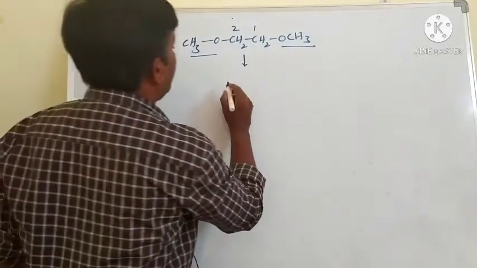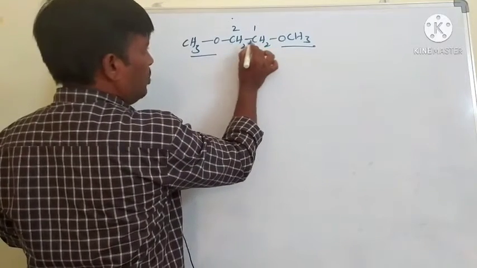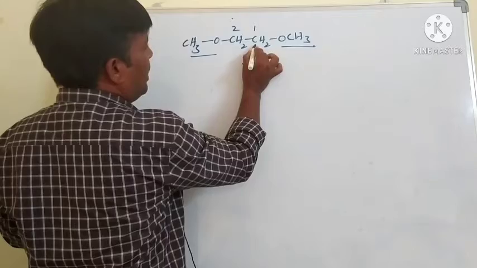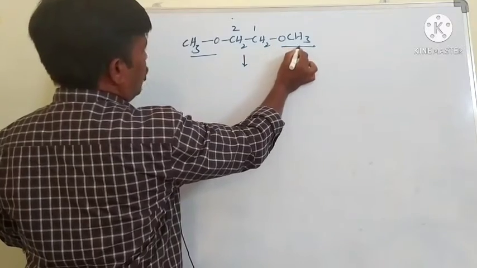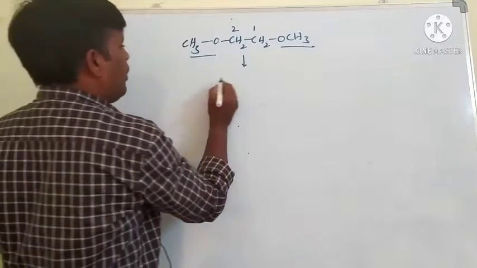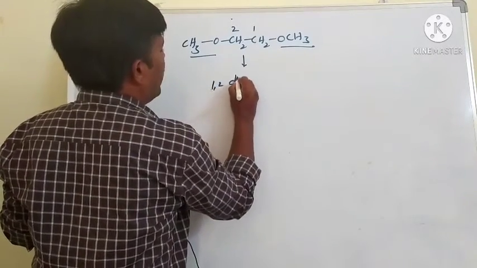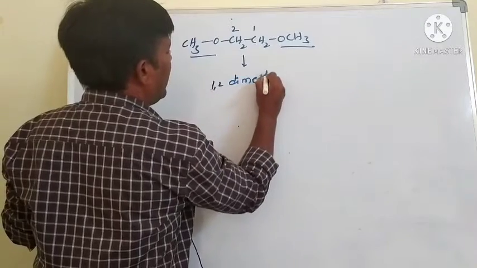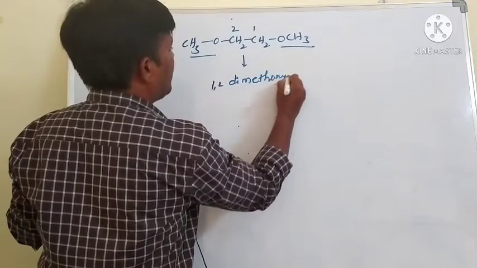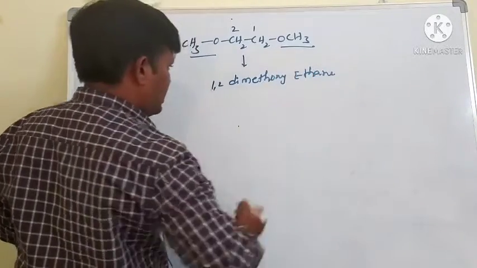Then the IUPAC name is like this: at the first position, the methyloxy group is the substituent, and the second position is also attached with a methyloxy group. Therefore, the name of this compound is 1,2-dimethoxyethane. Dimethoxyethane is the IUPAC name of this compound.